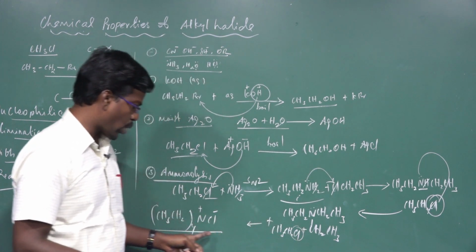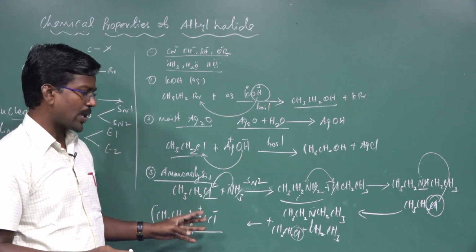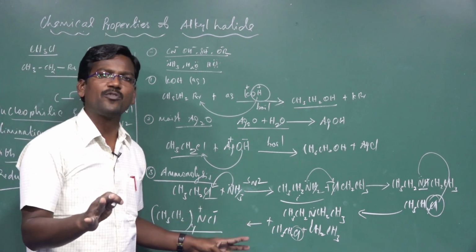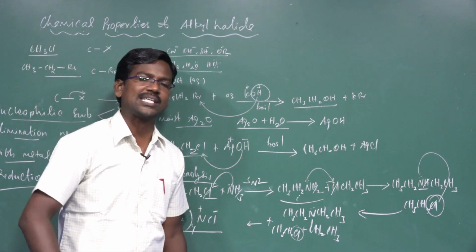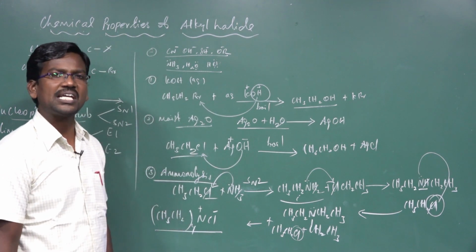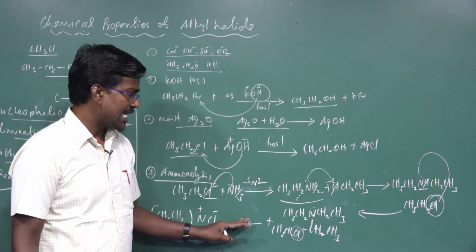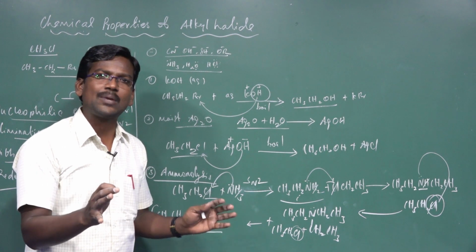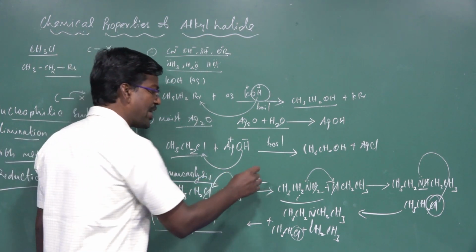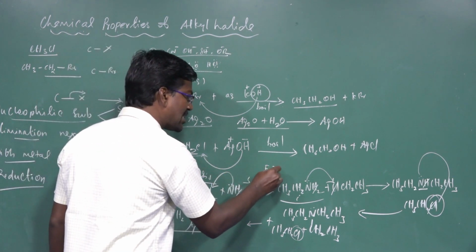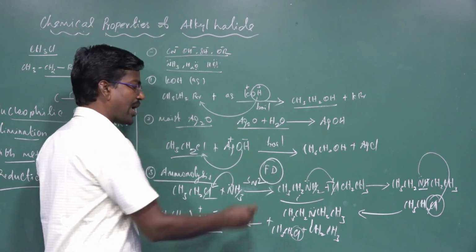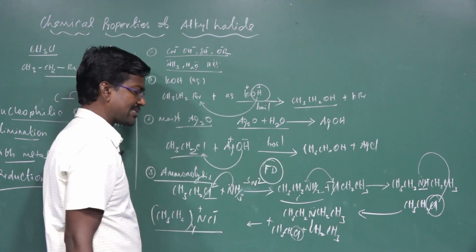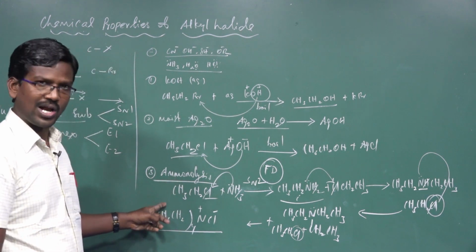Ethyl chloride, to form a quaternary ammonium salt. This process is a preparation of a mixture of primary, secondary and tertiary amines. Primary, secondary and tertiary amines are formed, and they can be separated by fractional distillation. The process is known as ammonolysis of alkyl halides.